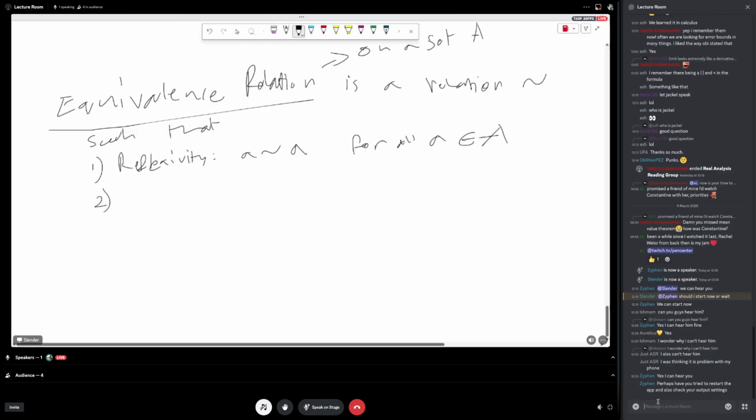And then we have the symmetry: a in relation with b implies b in relation with a for all a, b in the set. And then we have transitivity.